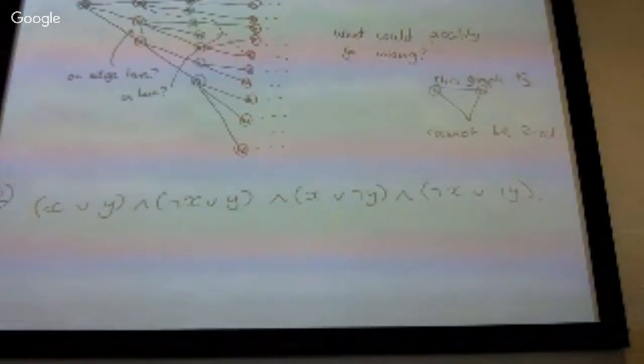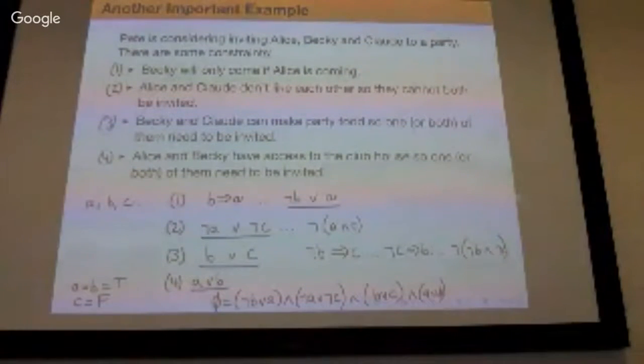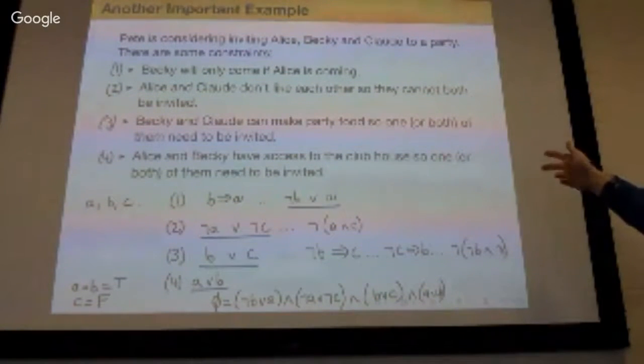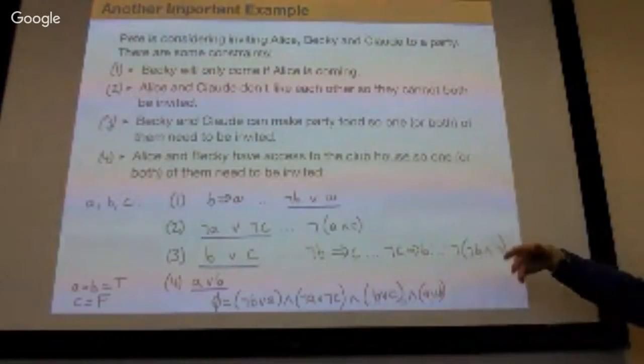Okay, so what we did as the last thing a week ago was look at this example and then try to write it as a formula like this, where A was Alice is coming and B was Becky is coming.